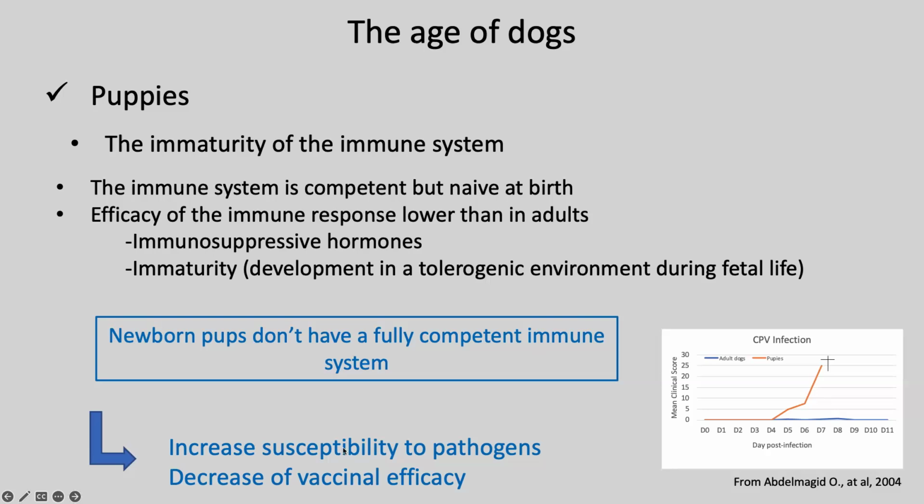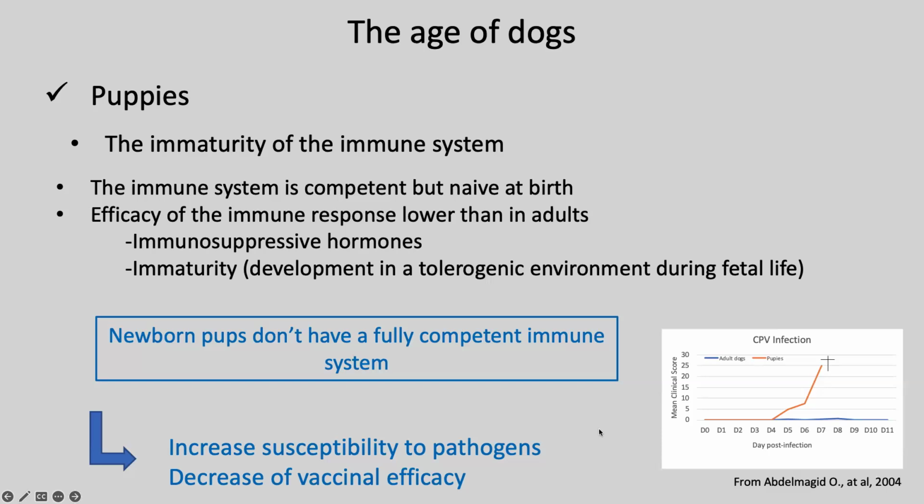One of the consequences is a strong increase of susceptibility to pathogens. If we look, for example, at the susceptibility to parvovirus, it's a deadly disease in pups, but an almost asymptomatic infection in adult dogs.